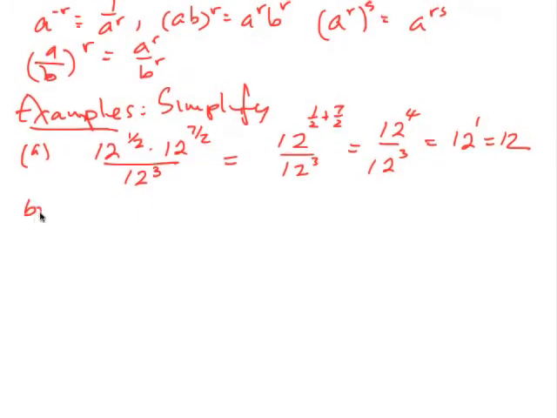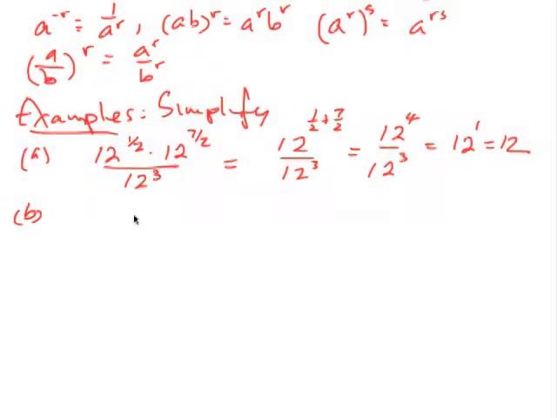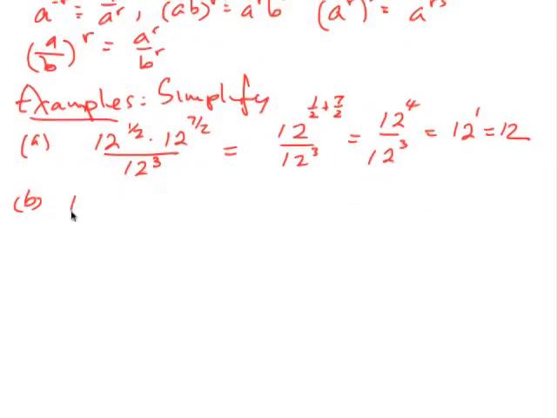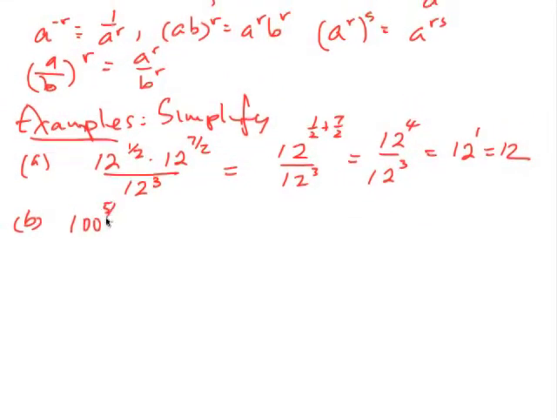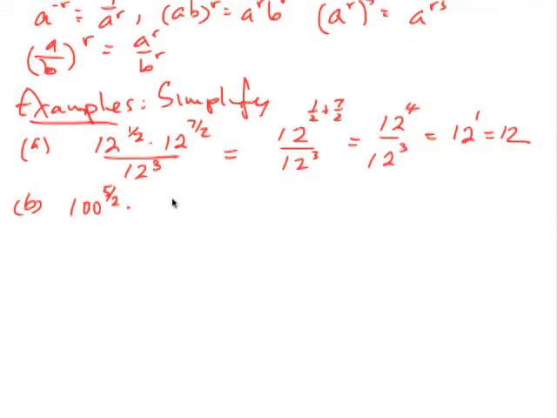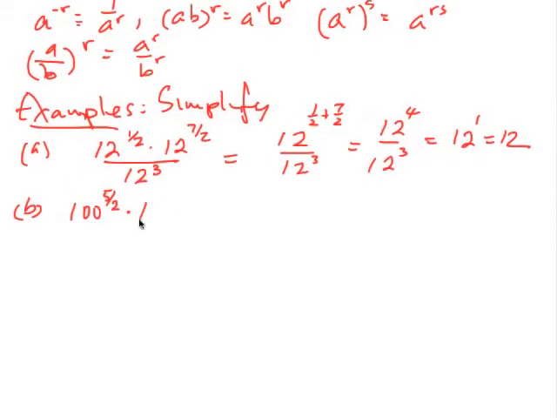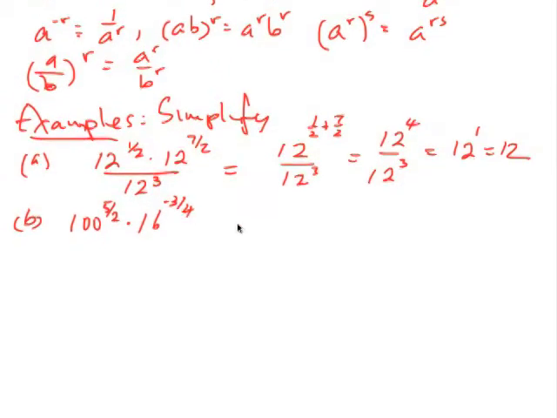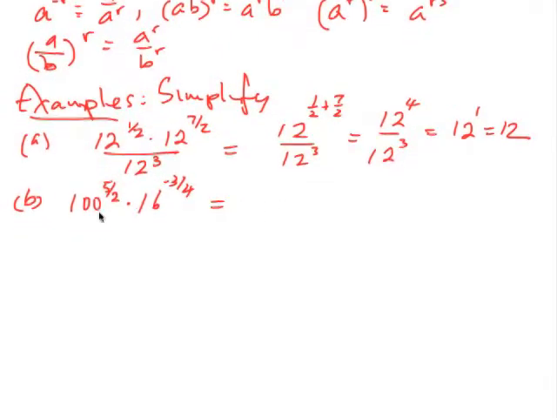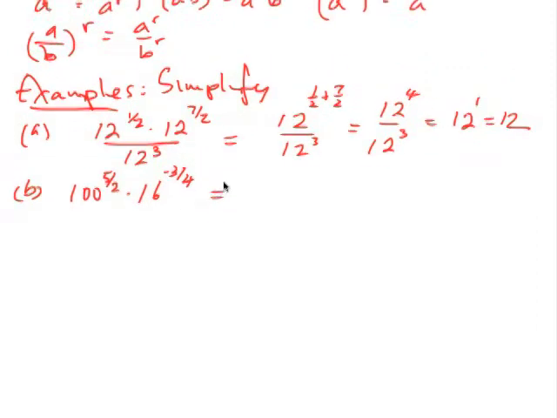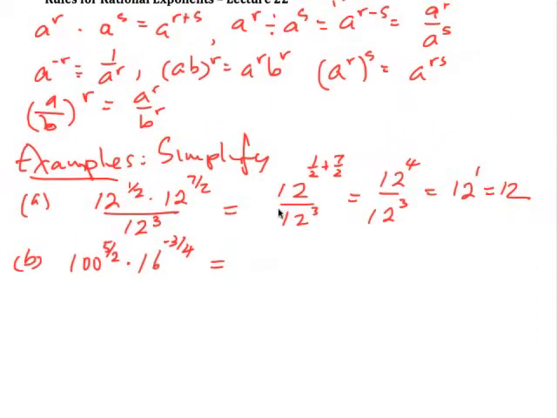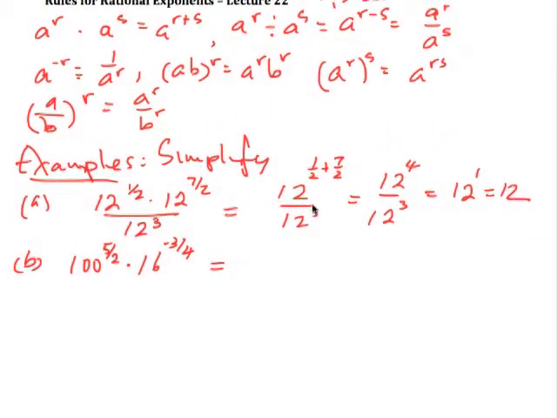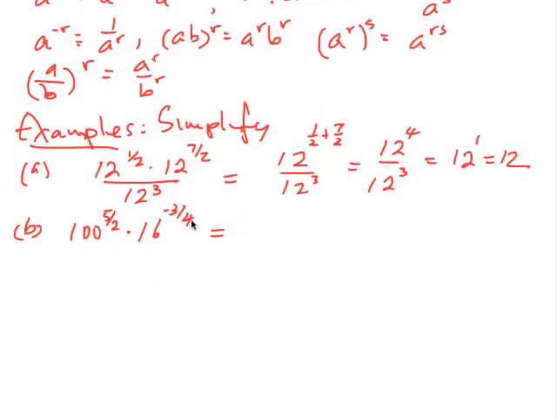All right, next, let's do part B. Let's suppose we have 100 to the 5 halves times by 16 to the negative 3 quarters. Okay, so notice we don't have the same base here. So what we're going to do with this one, of course, is we need to start looking at each one separately.